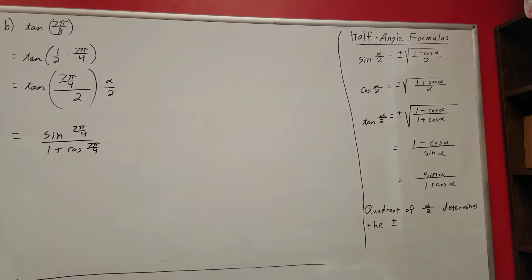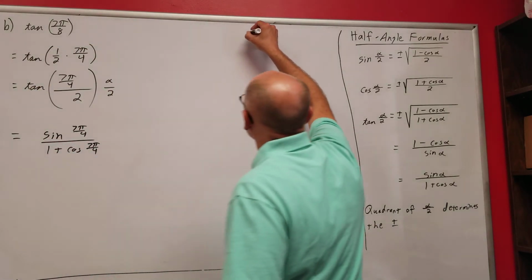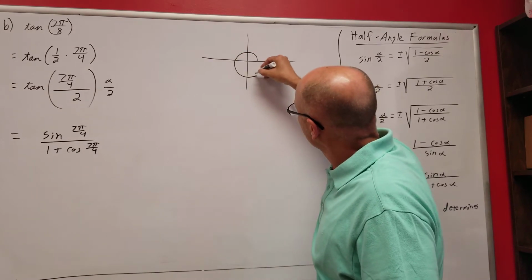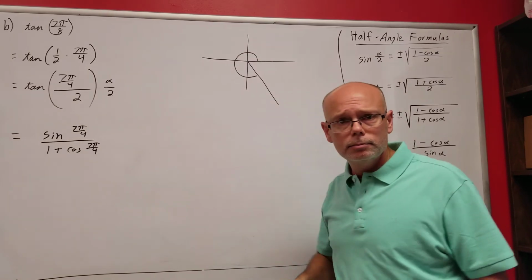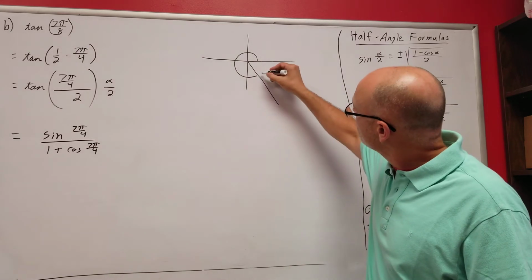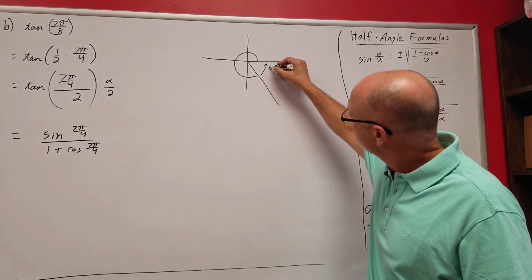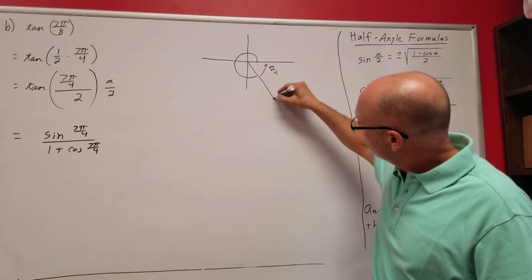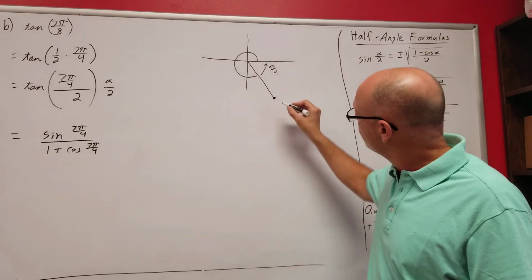Well, let's do some math here, okay? What's 7 pi over 4? 1 3/4 of a pi? So 1 3/4 of a pi puts us here, right? What is my reference angle associated with that? Pi over 4. So where am I at on the unit circle with a reference angle of pi over 4?